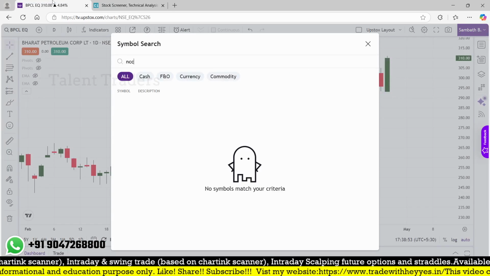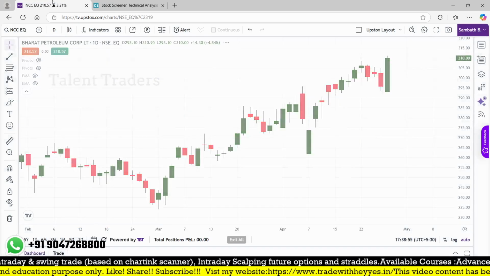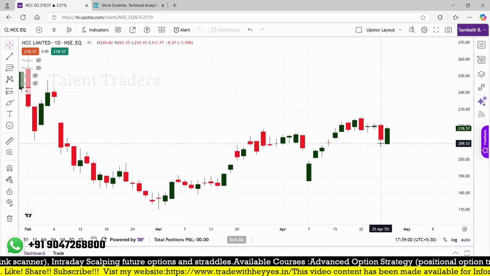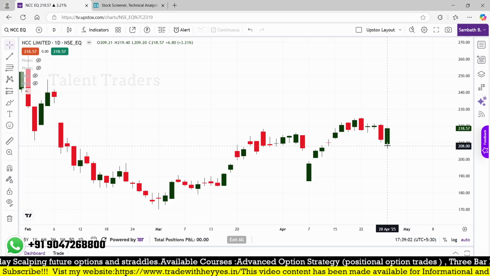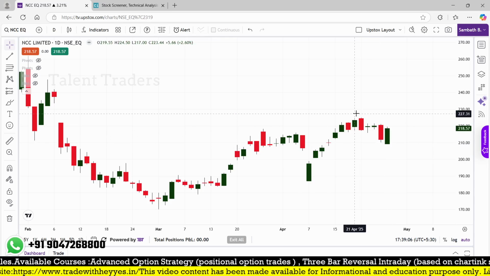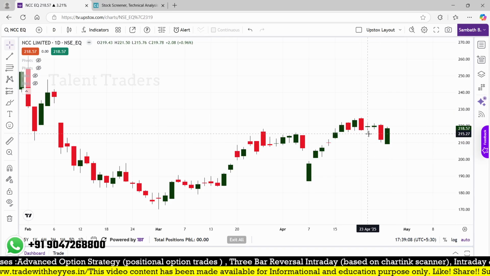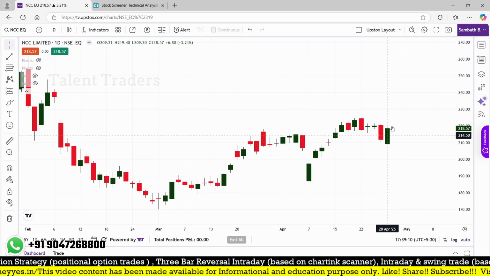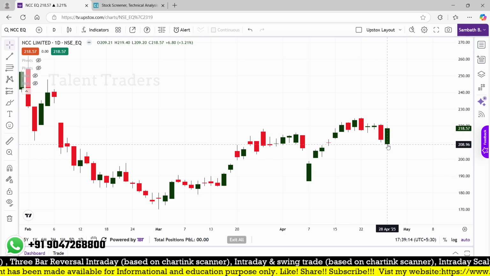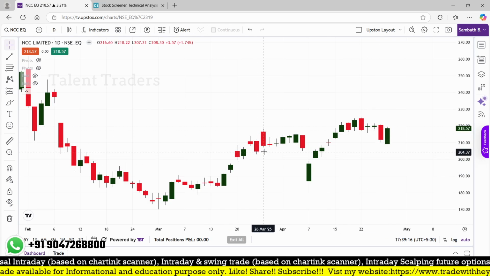That is the condition this scanner will filter out. So 1, 2, 3, 4, 5: the last 5 days, this is the lowest, 209.2, and the previous one is 210. So comparing the last 4 or 5 candles, this is the lowest one, and it must also be a green candle after forming continuous 5 days down. That is the logic I have done.